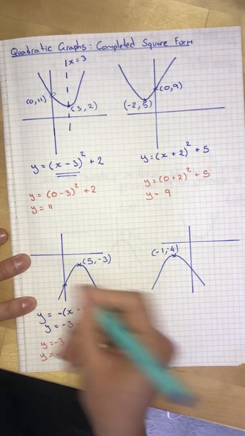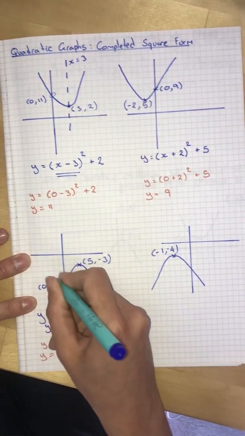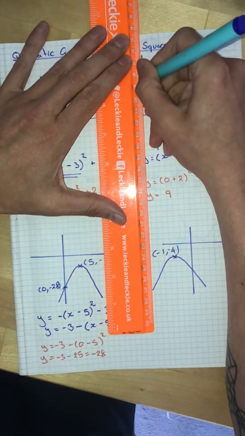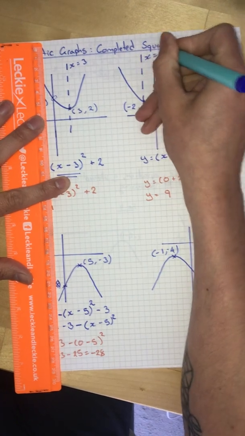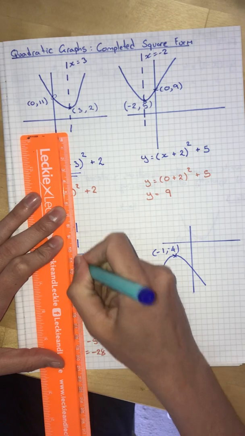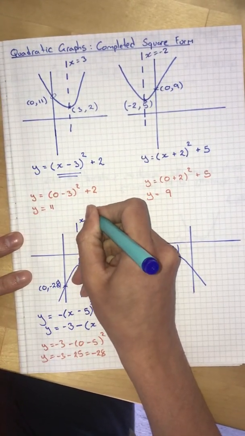And so that coordinate point is 0, negative 28. And that just means I've realized I've forgotten my axis of symmetry here. X equals negative 2. And then x equals 5.